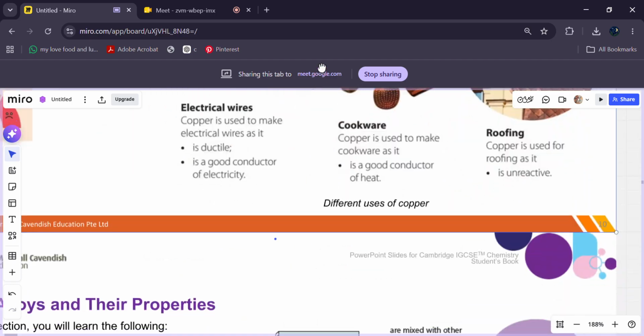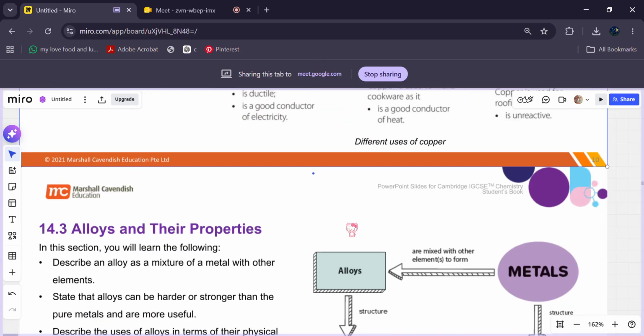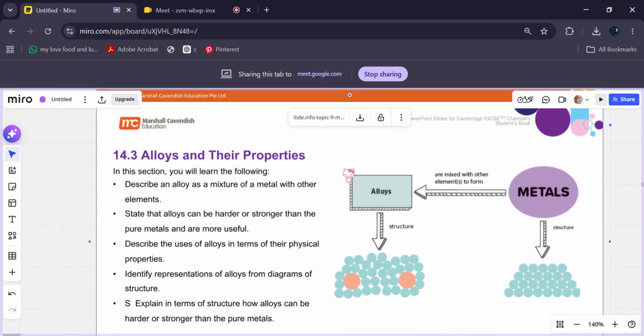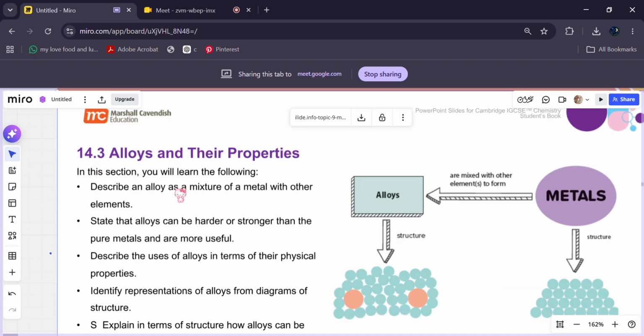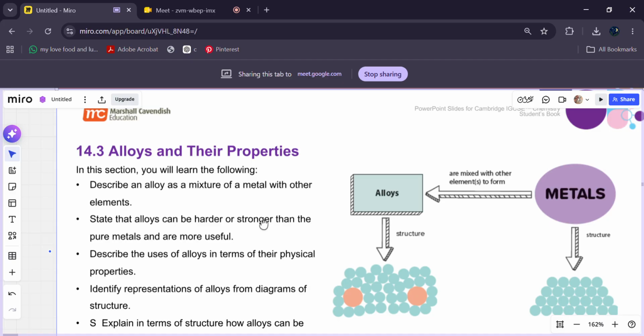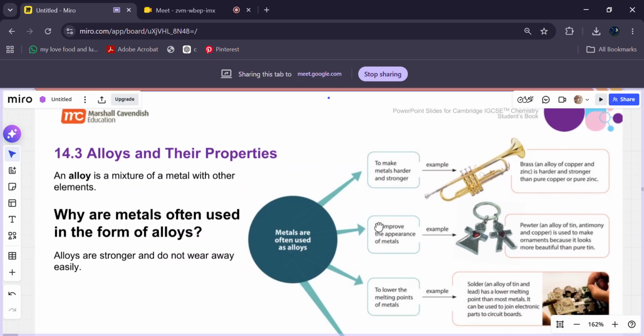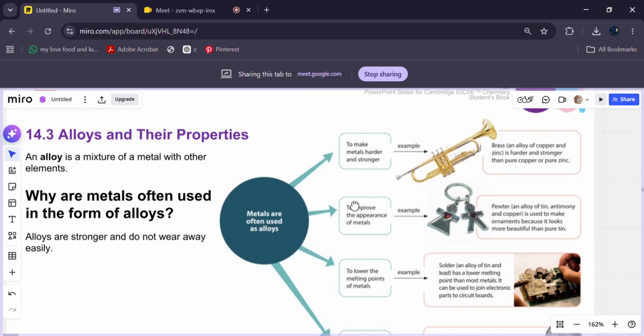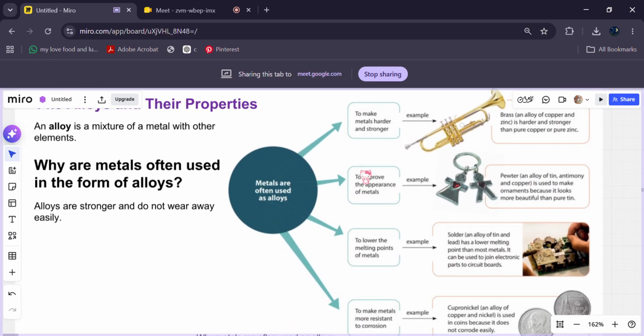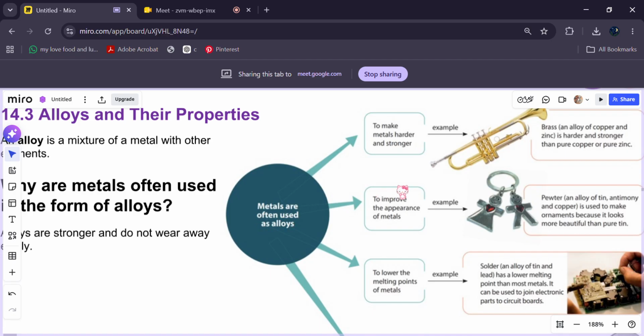So let's move on to alloys and their properties. Now here in this section we'll learn about alloys. What is an alloy? An alloy is a mixture of metal with other elements. Why are alloys used more? You see, pure metals tend to be actually quite soft.